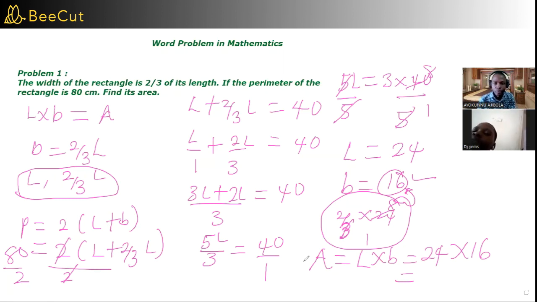So 384 cm square is the answer. Why did I have to put cm square? It's because the length is in centimeters and the breadth is also in centimeters. So I can say it is 384 centimeters square.